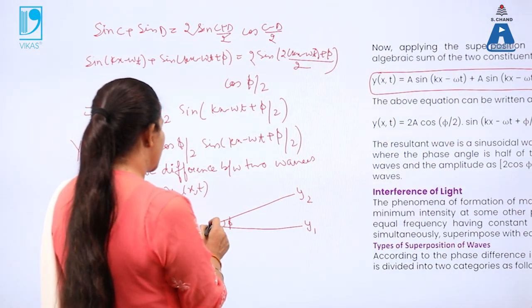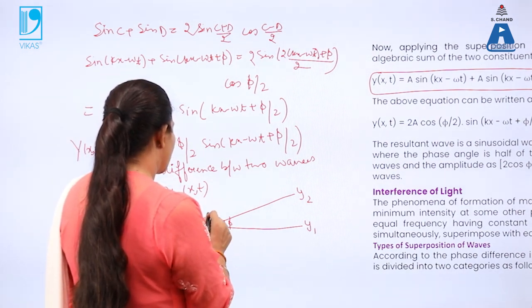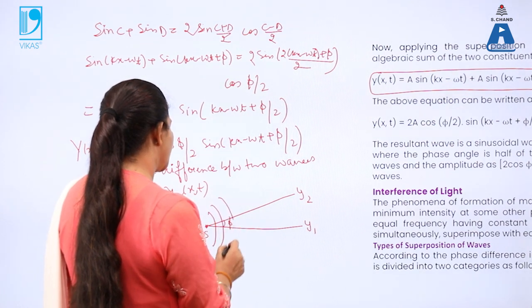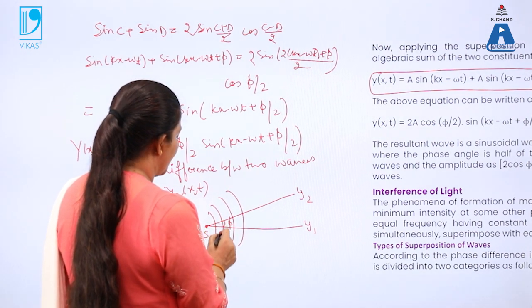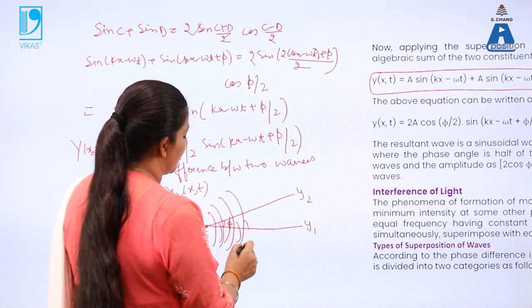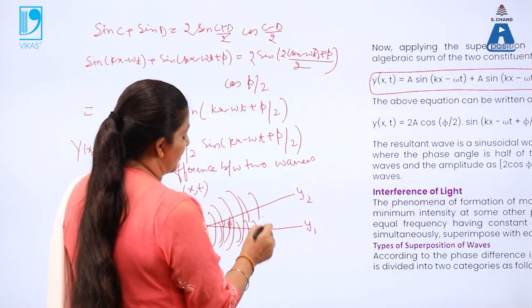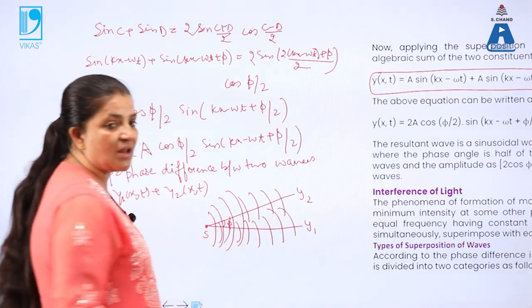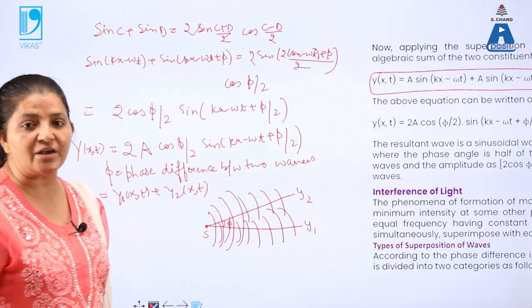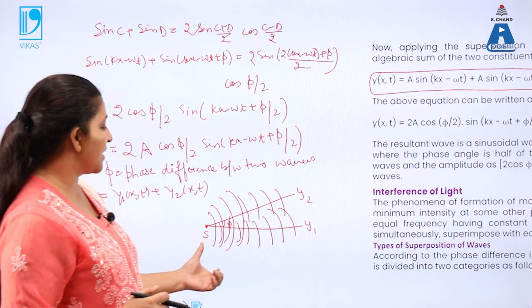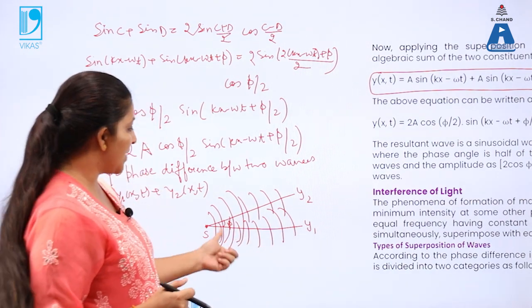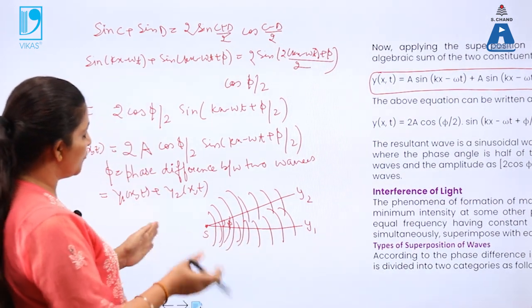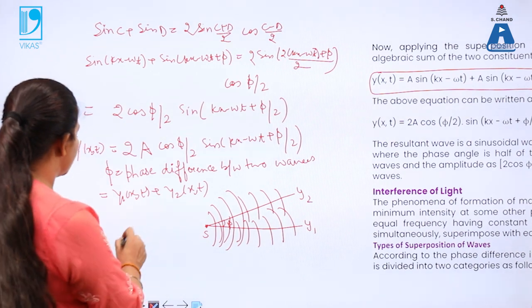Then the wavelets are produced from this source. Each point acts as a source of secondary wavelets. These wavelets superimpose on each other at each and every point to give the resultant wave. So the resultant wave can be obtained by combining these two wavelets.